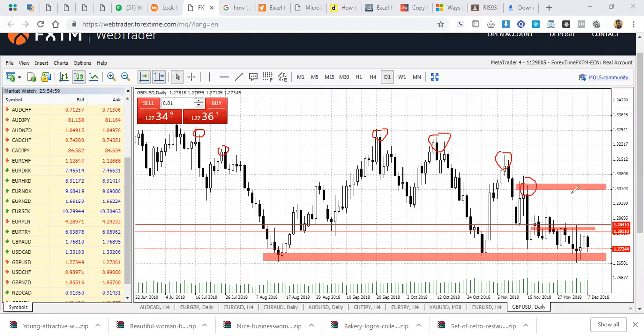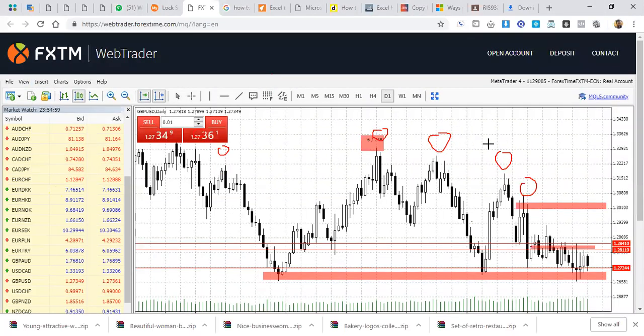So say you're drawing this, my zone would have been right here. See, this is a zone because we have a double top pattern right here.